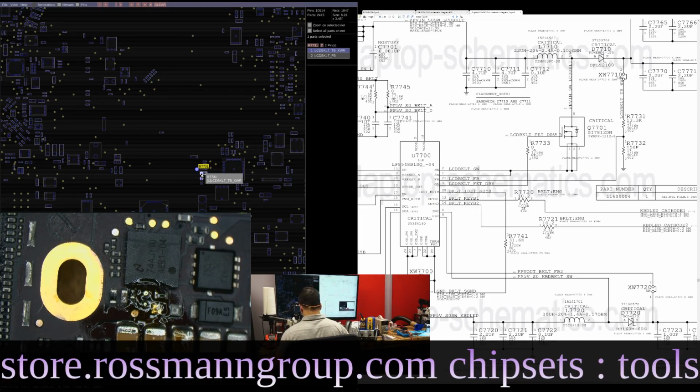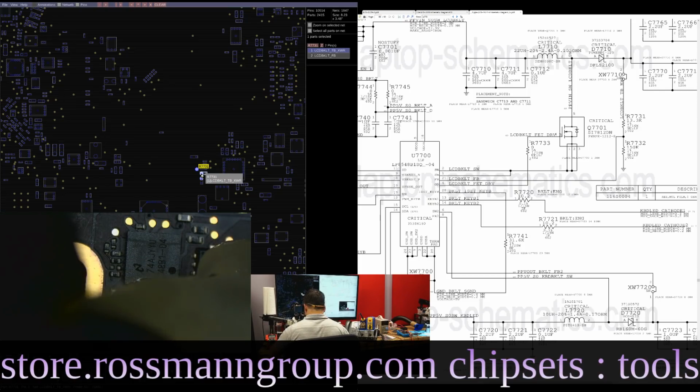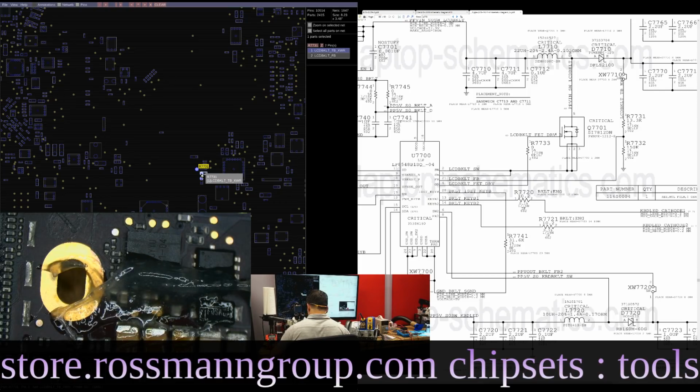Crap. My flux tube has been exploding flux lately. That's way too much flux, even for me. Okay, let's clean off my finger. I wear gloves, but I try to keep track of where the flux is on my glove, because I don't want to get flux on my tools and the desk and the multimeter probes and all that.